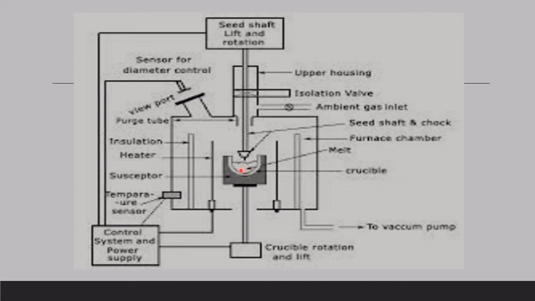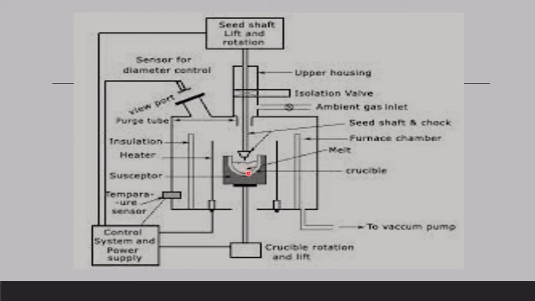So how is crystal growth achieved? We have put in the charge. When we heat it up in the ambient condition, the charge gets molten. I have a melt inside the crucible. Remember that in this condition, the seed crystal is not in contact with the melt. It was held somewhere while the charge was below.